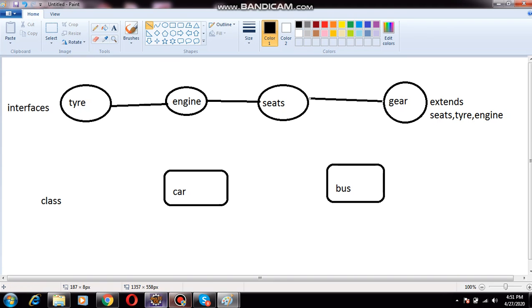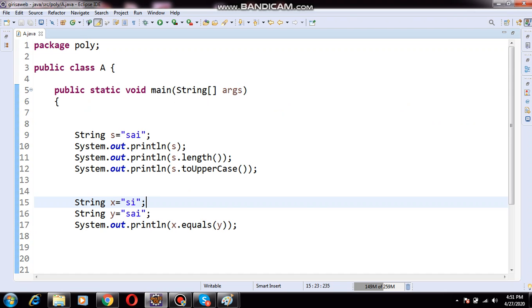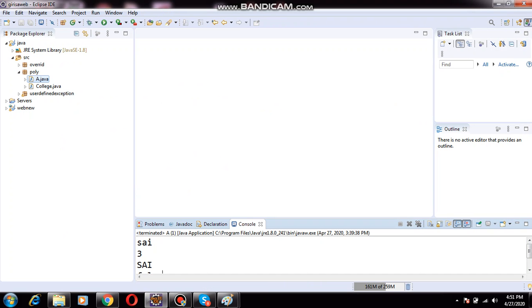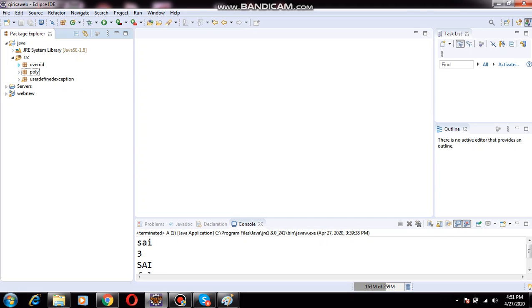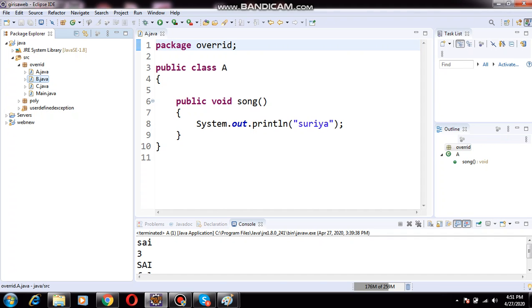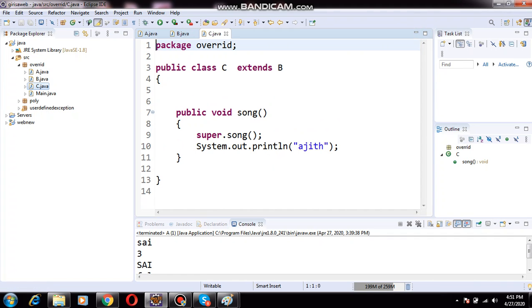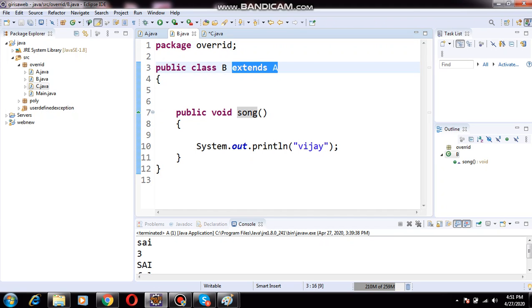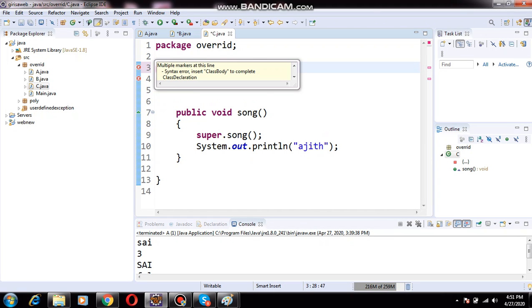For example, I will show you one best example. Here A is there, B is there, C is there. Here I am giving C extends B comma A. If I declare like this, immediately it is showing a syntax error.